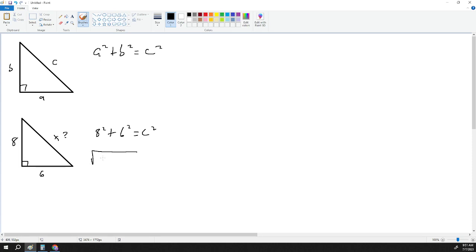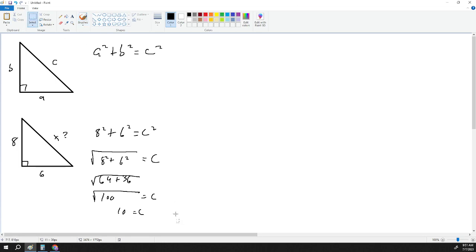So square root of 8 squared plus 6 squared is equal to c. 8 squared is 64 plus 36. This is what? 100. Square root of 100 is equal to c. C is 10. Correct.